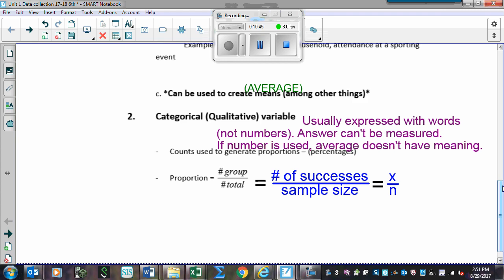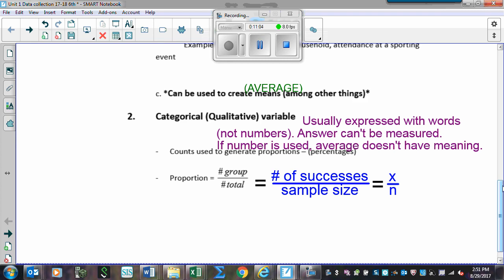The other type of data that we work with is categorical. Again, in this case, your answer is usually expressed with words, not numbers. Sometimes it's answered with numbers, and there are special cases of that. And if they do use a number, that average won't mean anything.